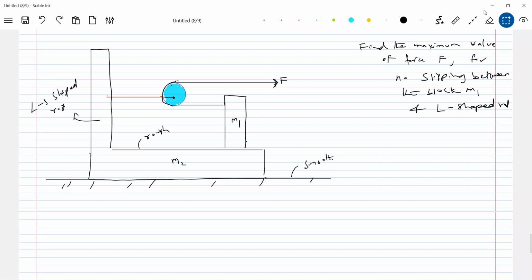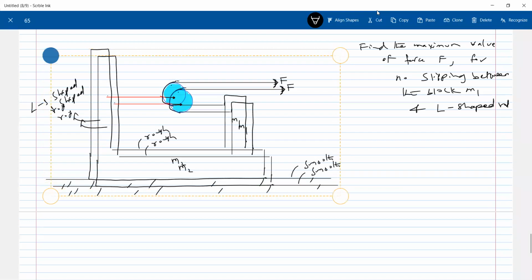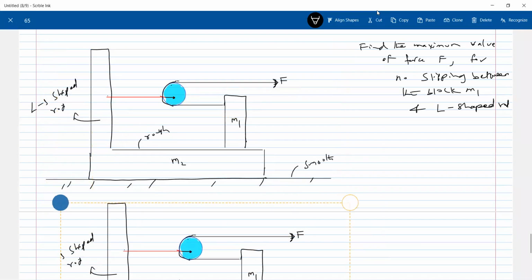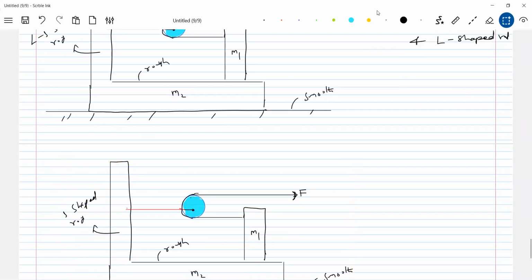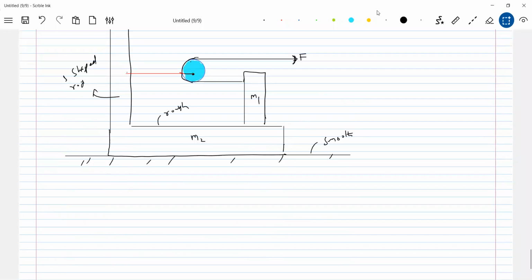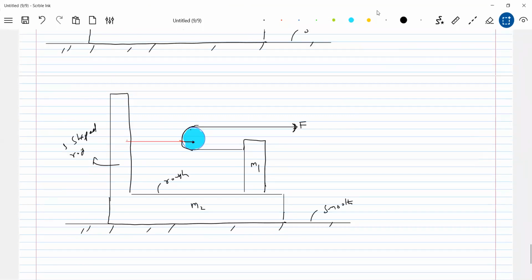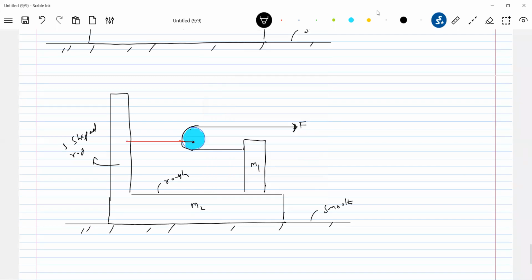I'll draw another. Okay, come for this diagram. First there's a string, I'll show it a little bit thick.